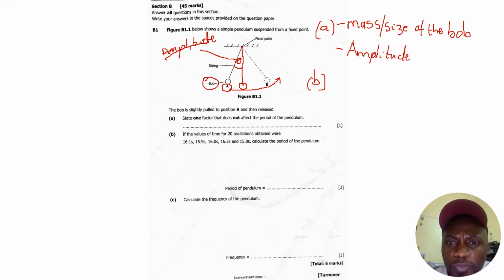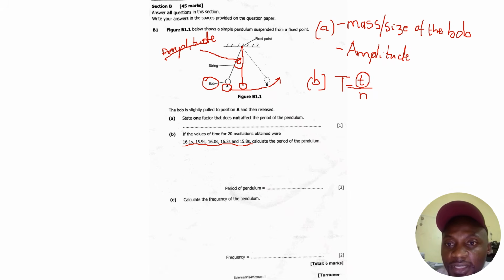Okay, so we know that period is given by time taken divided by the number of oscillations. Now the question is, which time are we going to use? From the set of values of time for 20 oscillations, we can see that this experiment was actually repeated several times. It was repeated 5 times.